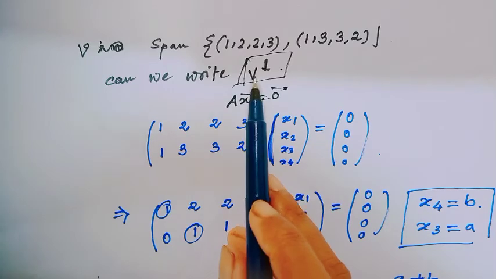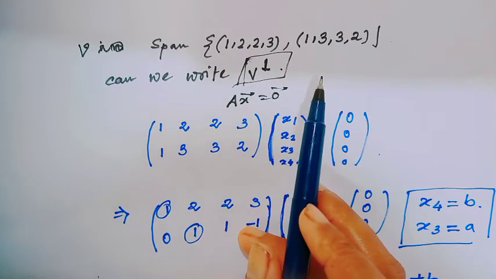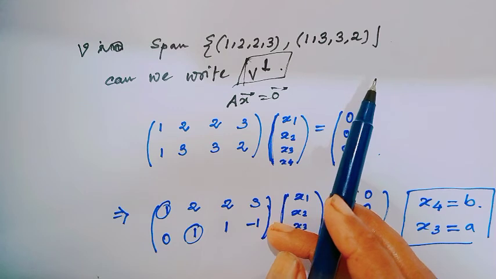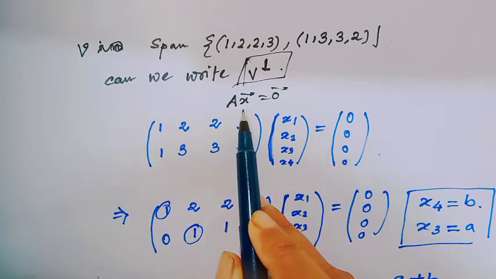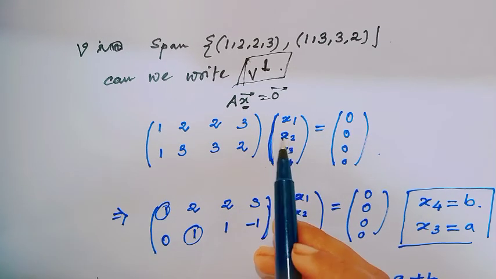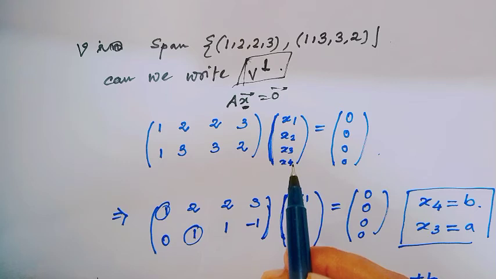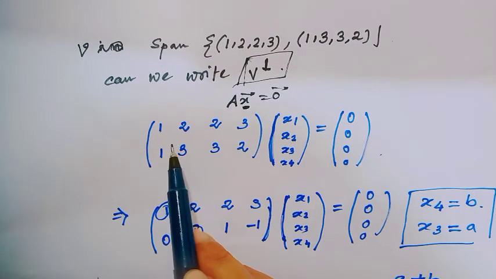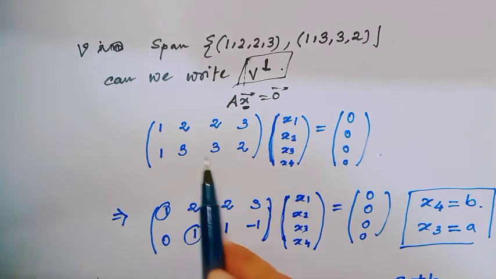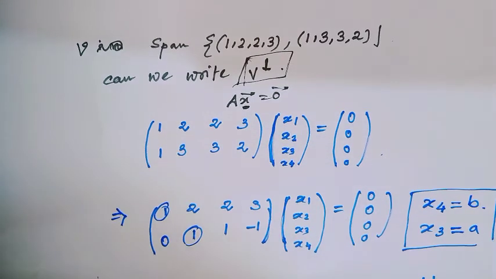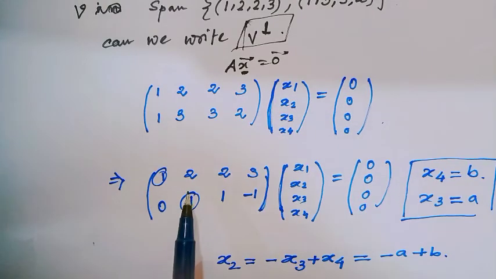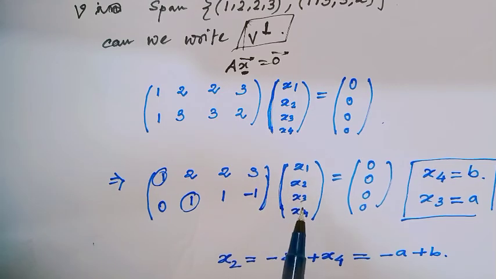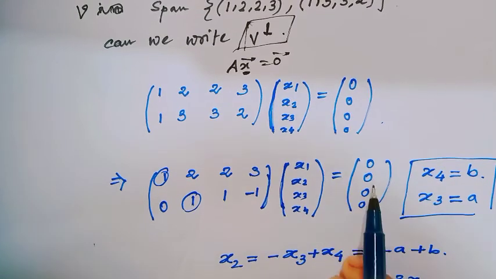Here is the matrix generated by the vectors 1, 2, 2, 3 and 1, 3, 3, 2, with x being x1, x2, x3, x4 and the vector 0, 0. Now after row reducing, it would be 1, 0, 2, 1, 2, 1, 3, minus 1, times x1, x2, x3, x4 equal to 0, 0, 0, 0.